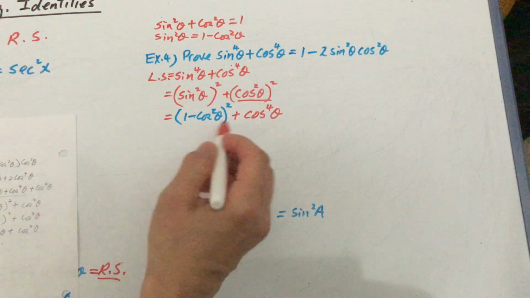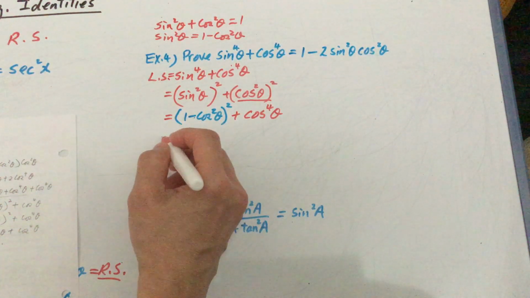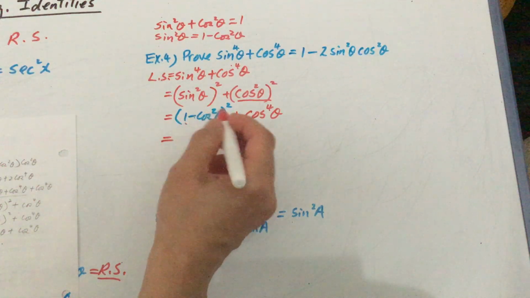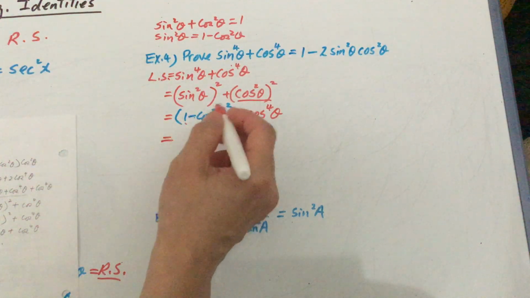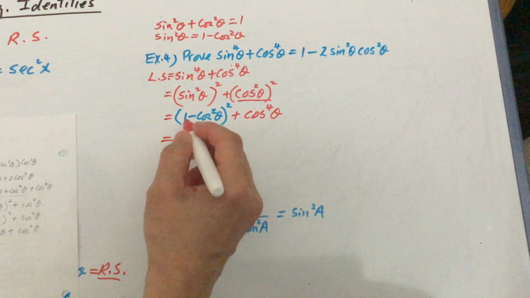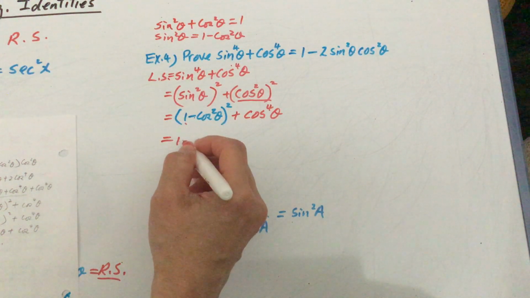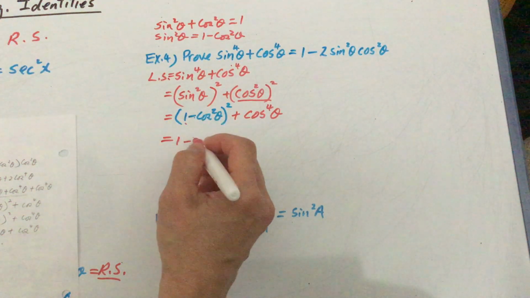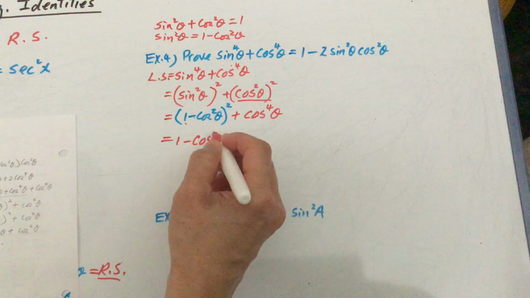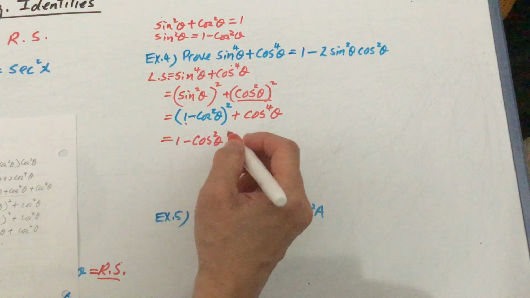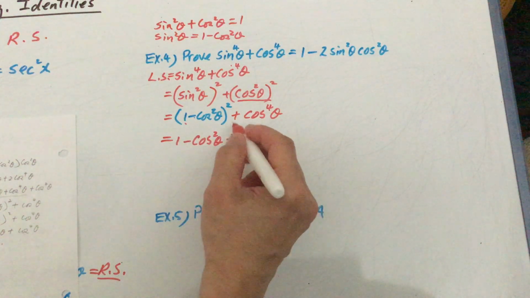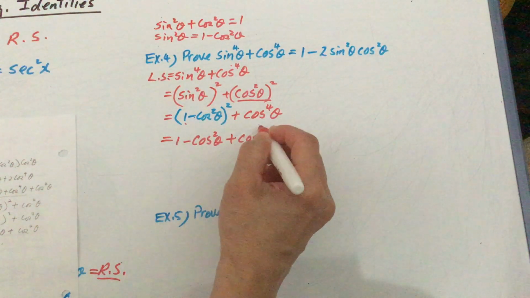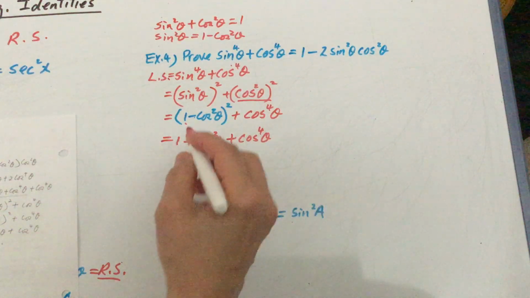When I expand this perfect square binomial, I will have 1 and minus 2 times a times b, so I still have a cos squared theta, and then plus cos to the 4th theta.